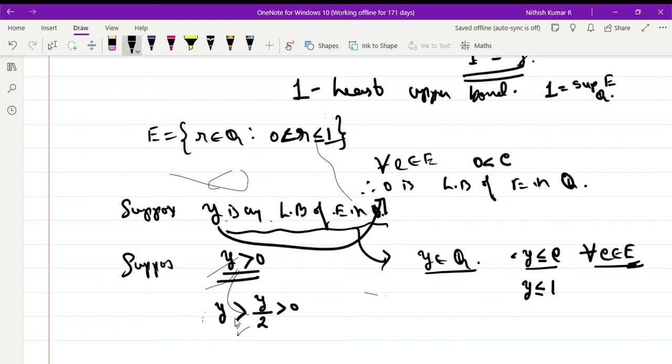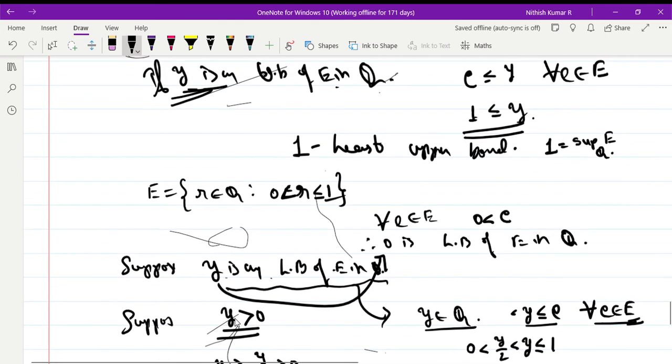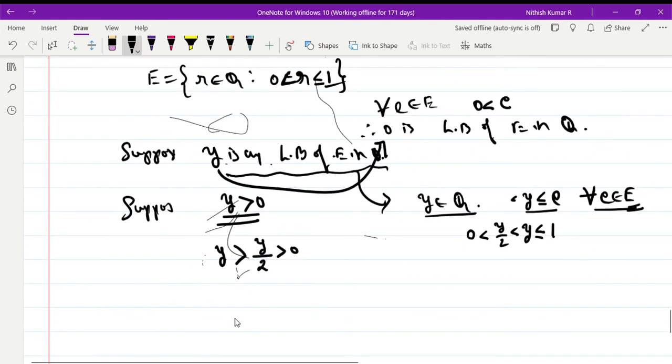Now, y is less than or equal to 1, and y by 2 is also greater than 0. Now observe, y is an element of Q, therefore y by 2 is also an element of Q. Now we got an element of Q which is greater than 0 and less than y.